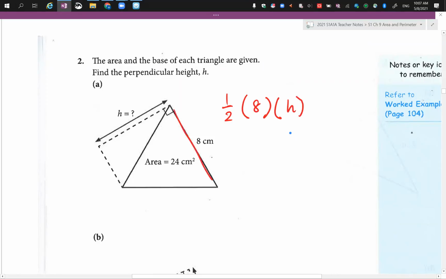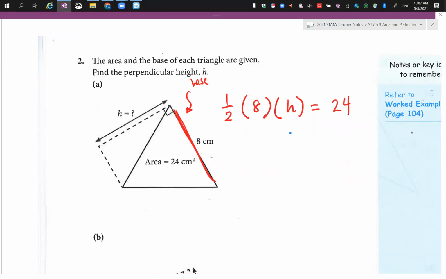You see that? We are choosing this as the base now. Okay. So this area gives us 24. Then how do I know what is the value of h?